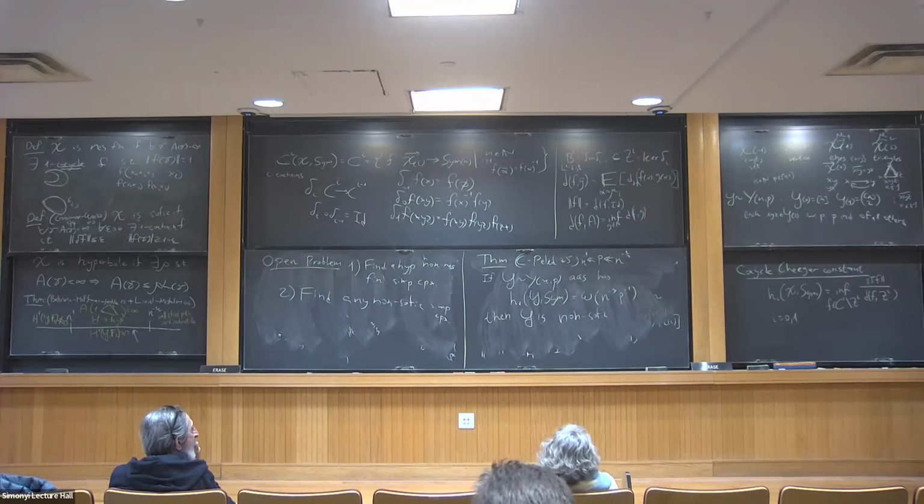It's like you fix one point and count the number of triangles involving this point, then that's n squared.